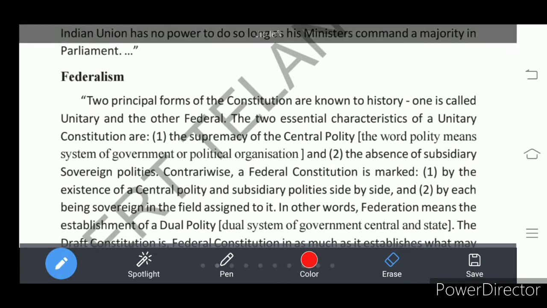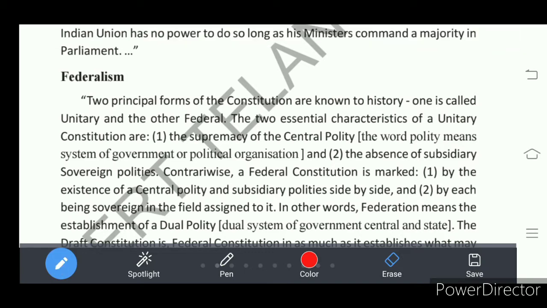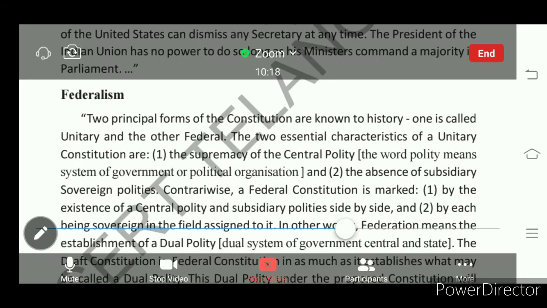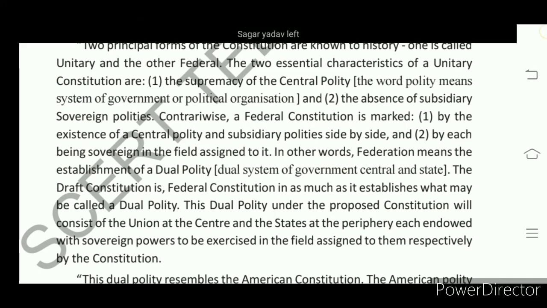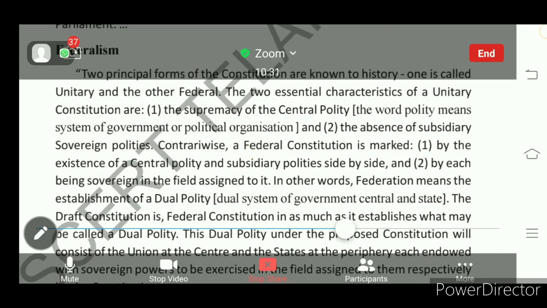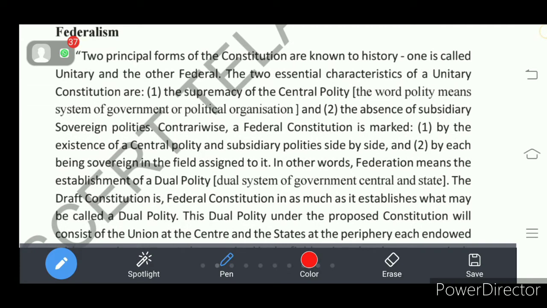Before that, we should know what a unitary constitution and a federal constitution are. Under a unitary constitution, the basic principle is the supremacy of the central polity.